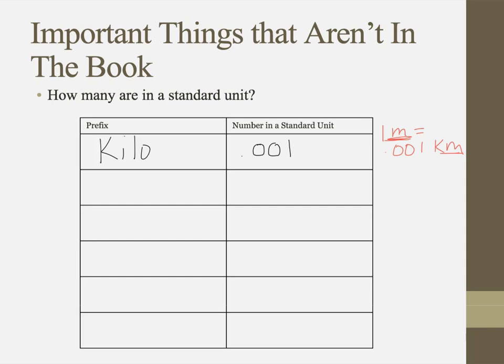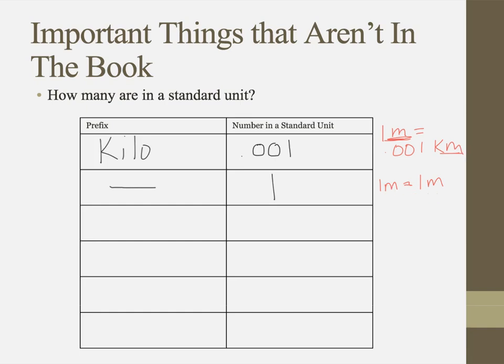The next thing that you need to know is just the standard unit. So if there's no prefix, we're talking just the standard unit, so that would obviously be 1. So in other words, 1 meter equals 1 meter. Okay, there's no prefix there. It's all by itself.